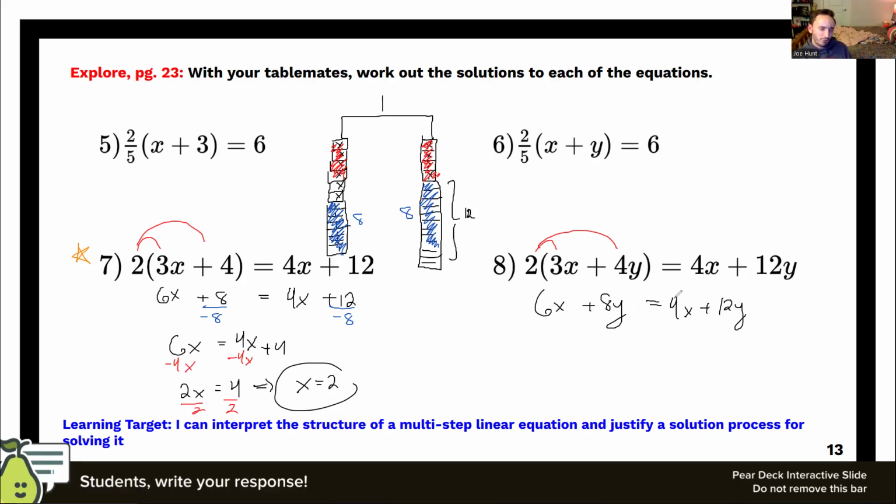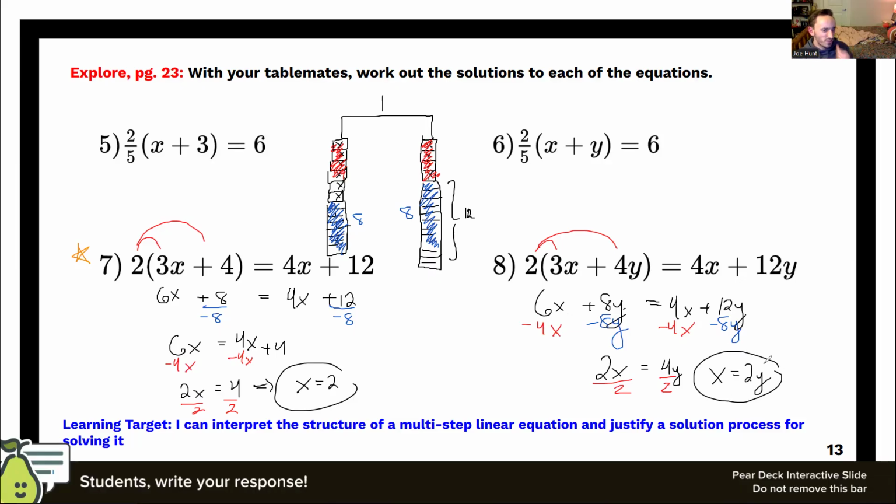If 6x and 4x are one type of variable block, and 8y and 12y are a different kind of variable block, you can still think in terms of moving the y variables to the right and moving the x variables off to the left. That thinking still works. So eventually you get 2x is equal to 4y, and then the last thing you can do is divide 2x by 2 and 4y by 2, and then you figure out that each x block weighs 2 y blocks.